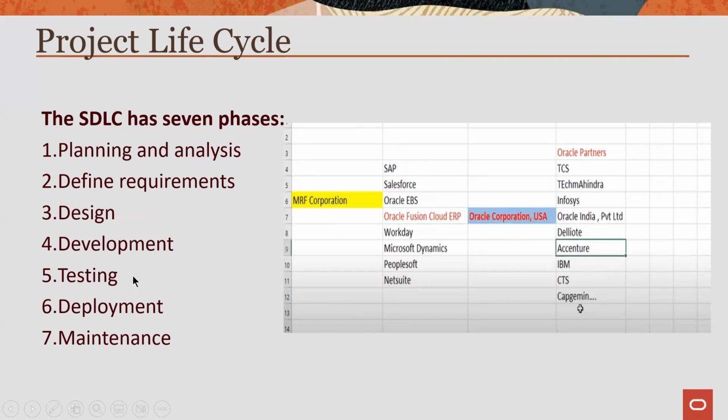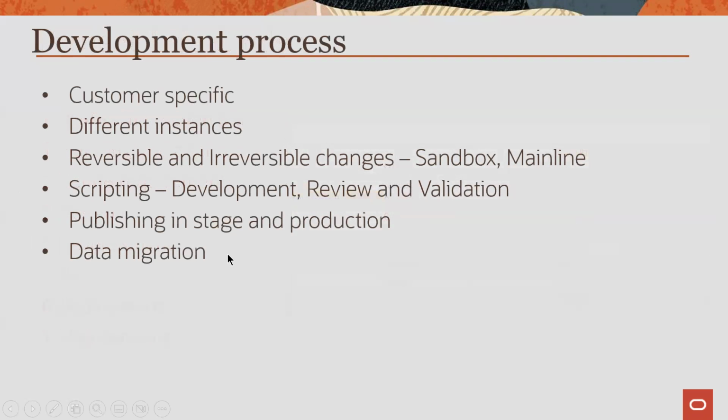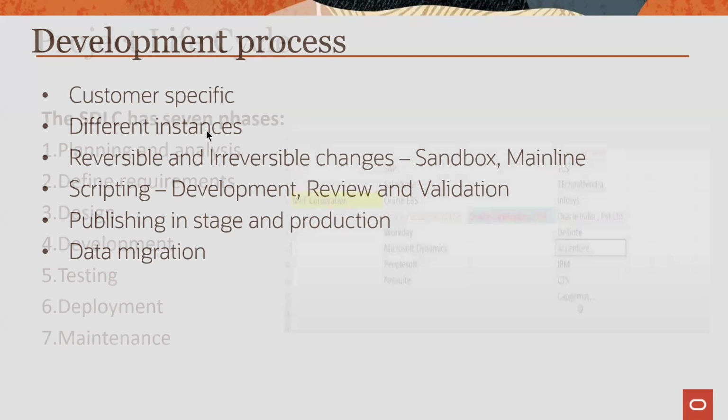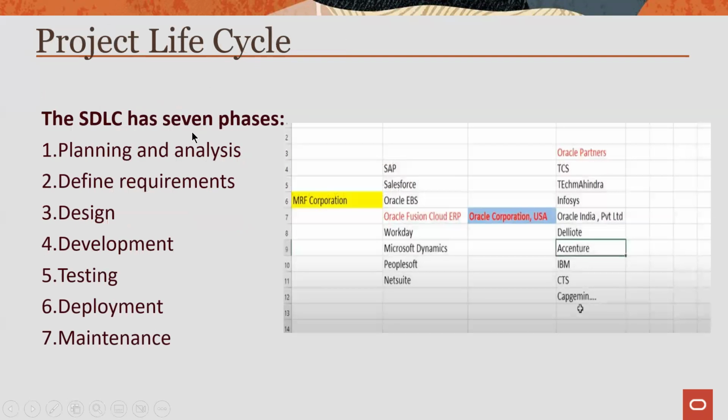You need to test that solution properly, deploy to the live environment, and then once your project is live and deployed, you need to maintain that application. So the high level phases will be like this. This is the high level project life cycle.